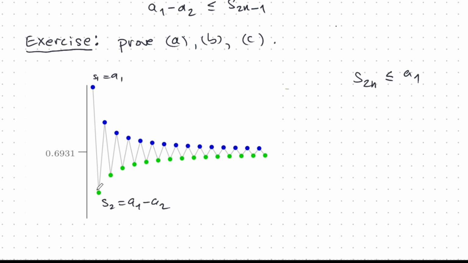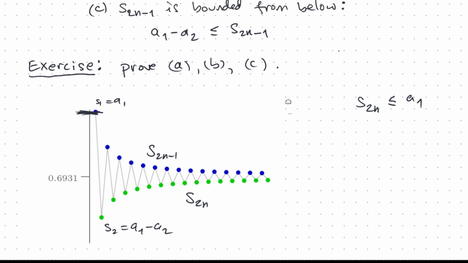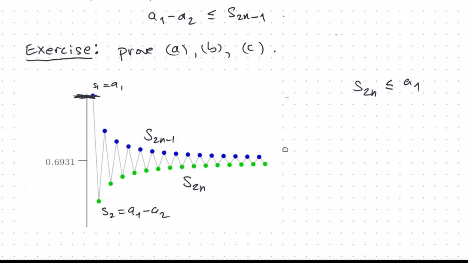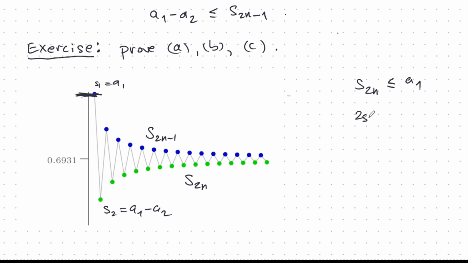The greens are the S2n's, the evens, and the blues are the S2n minus 1. The greens are all below A1, which is pretty easy to see. And this part here tells us that S2n minus 1 is always bigger than A1 minus A2. How can we visualize that?